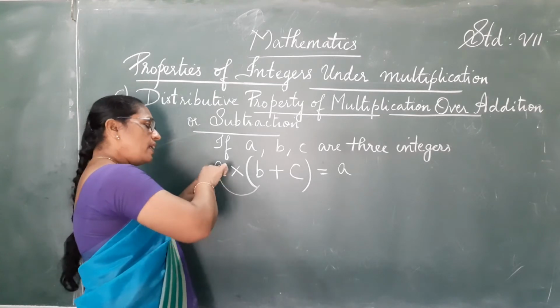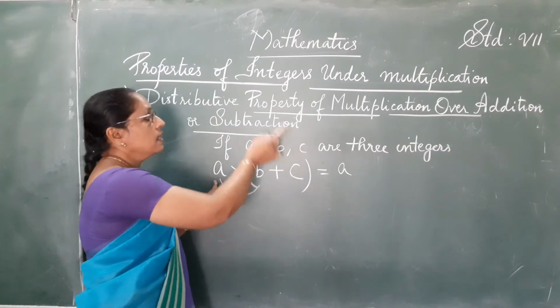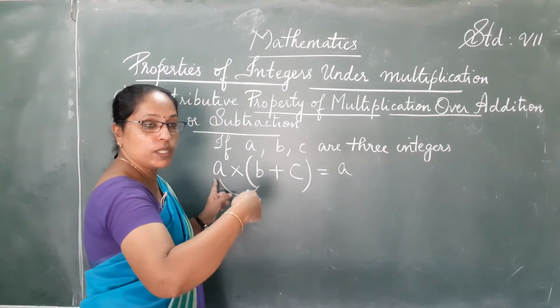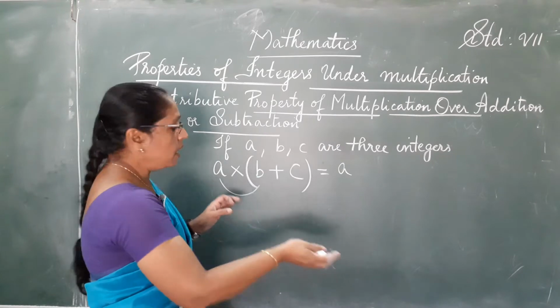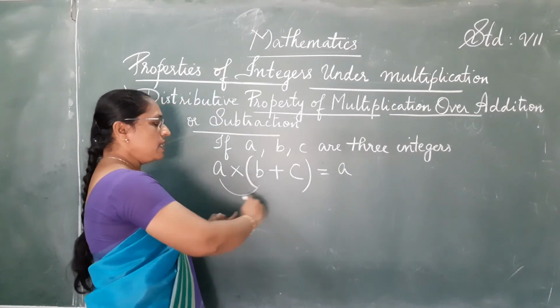That A is going to be distributed to B and C. That's why this property is known as distributive. Distributing means what? To give. So the outside integer is going to be distributed to B and to C.